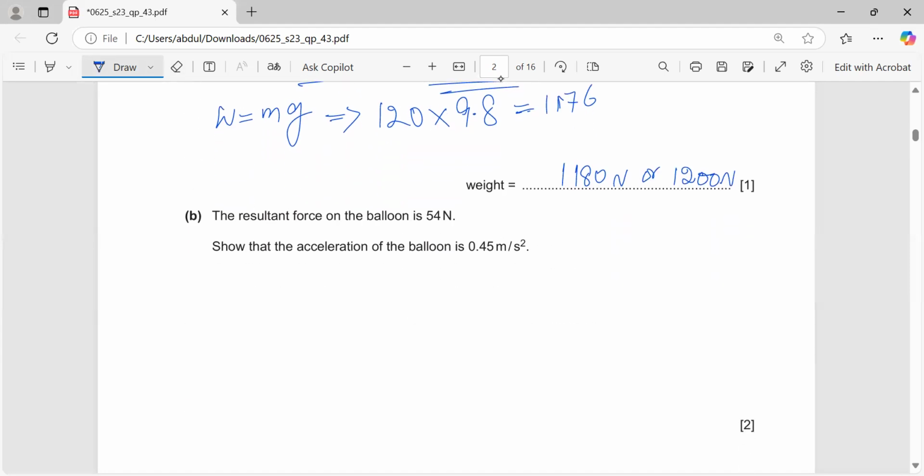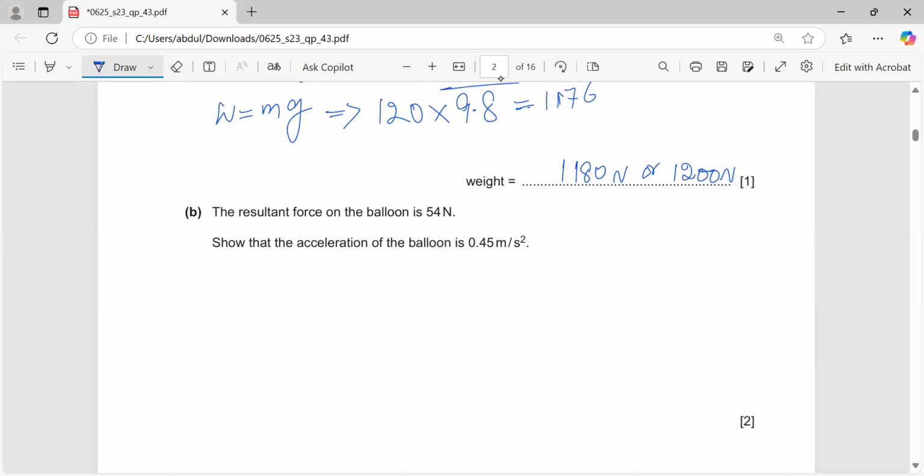Then the resultant force on the ball is 54 Newton. Show that the acceleration of the ball is 0.45. No problem. From Newton's second law of motion, F is equal to ma. If we make a the subject of the equation, it becomes force over mass. Force is 54 and mass is 120.